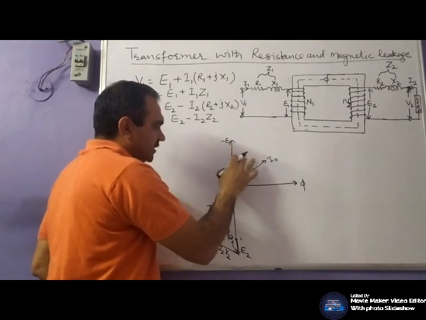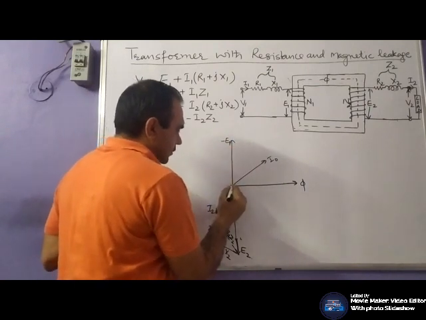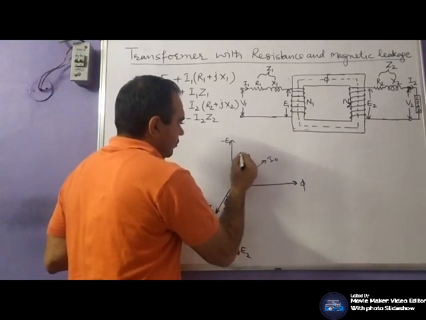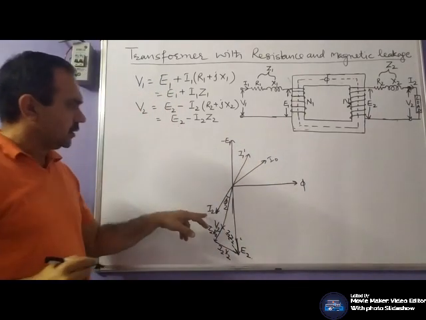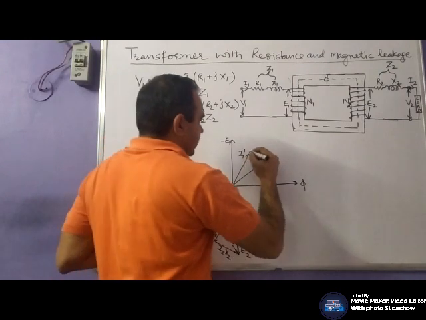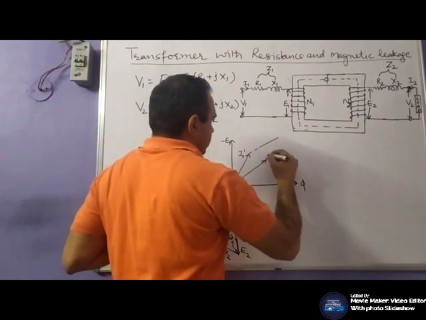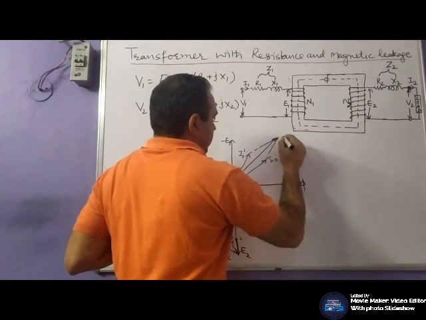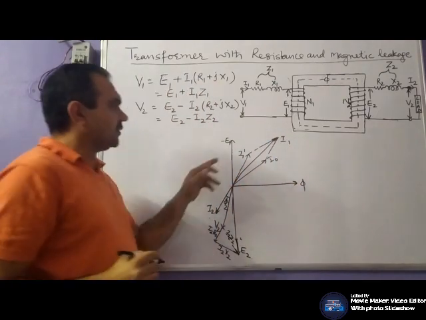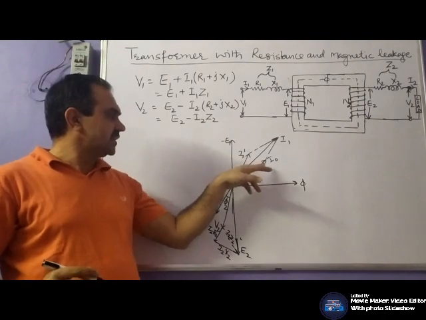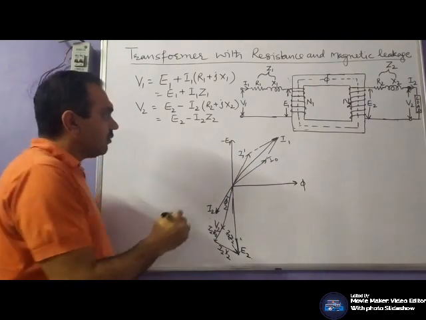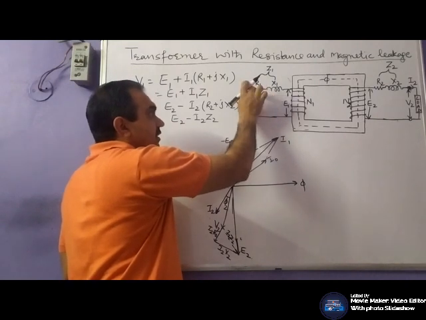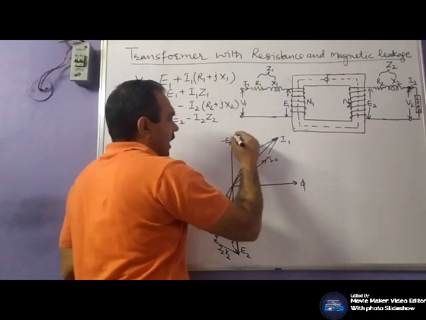Now on the primary side, your counterbalance current would be in phase opposition of I2. Your resultant current would be I1, which is the phasor sum of I1 dash and I0. Now voltage drop across this resistance is I1 R1, which is in phase with I1.